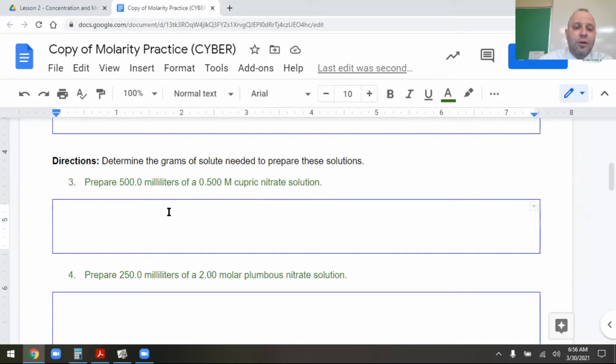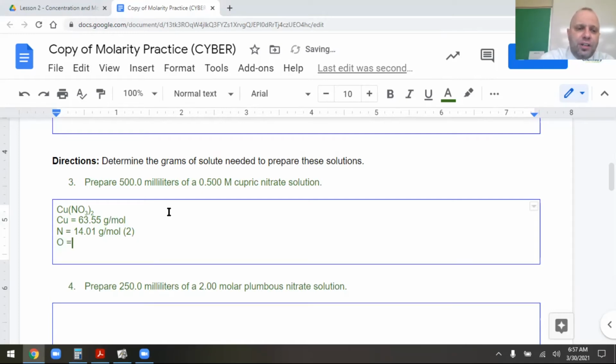So if we write out the formula for cupric nitrate, we have Cu(NO3)2. So copper is equal to 63.55 grams per mole. We have nitrogen, which is equal to 14.01 grams per mole, but we need to multiply that by 2 because of the parentheses and the subscript of 2 outside the parentheses.